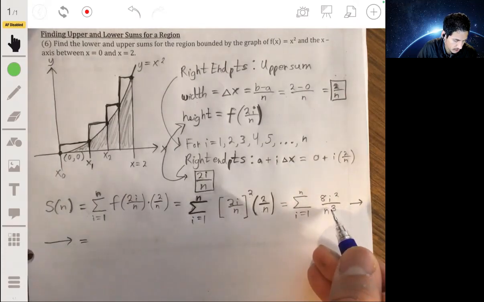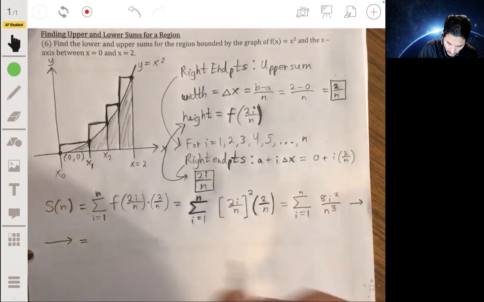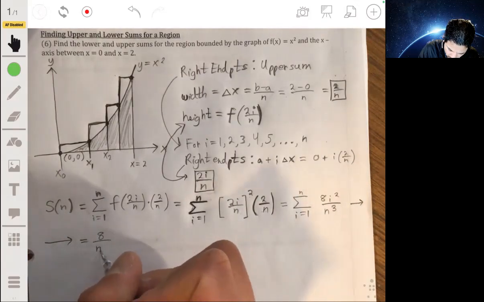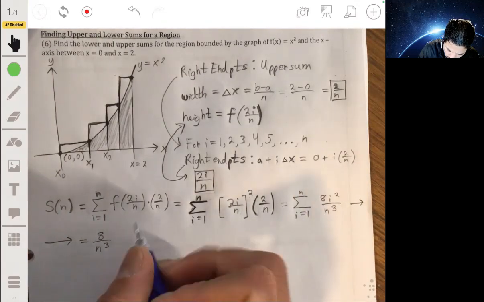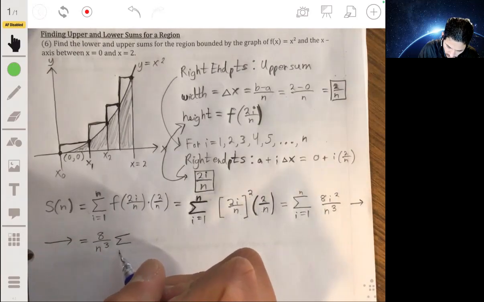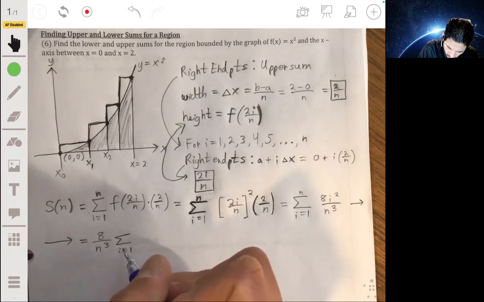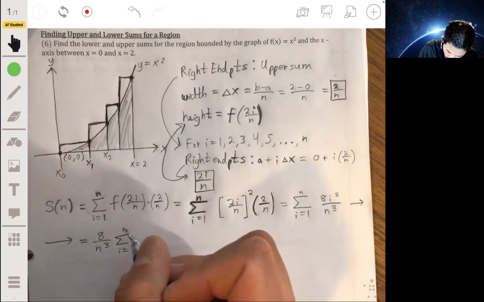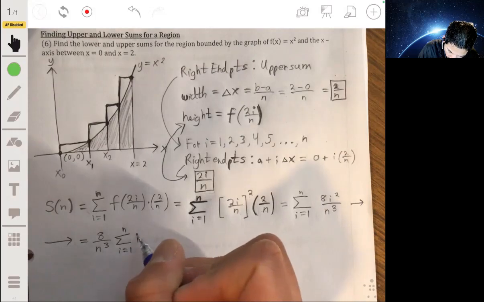We can factor out, or think of it as factoring out, the 8 over n cubed outside the series. So 8 over n cubed times the sum from i equals 1 to n of i squared.